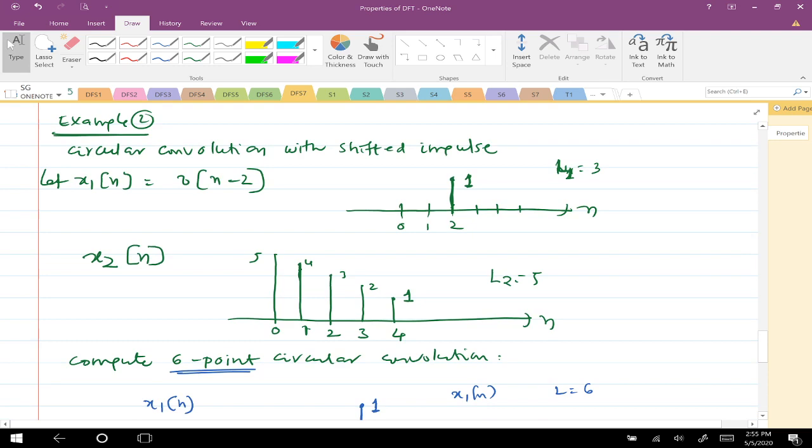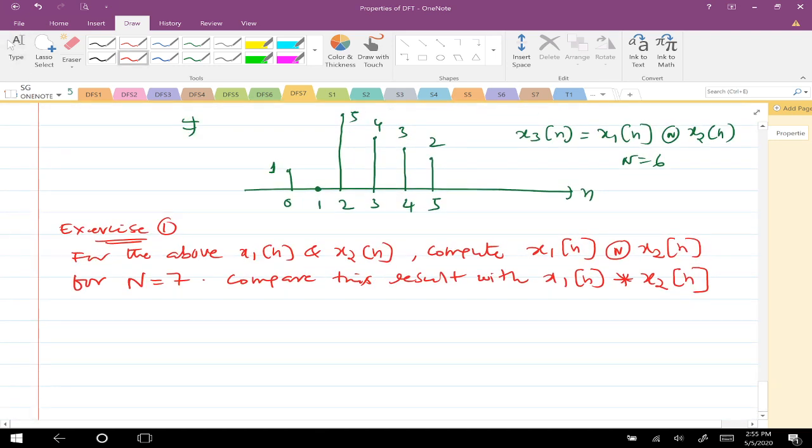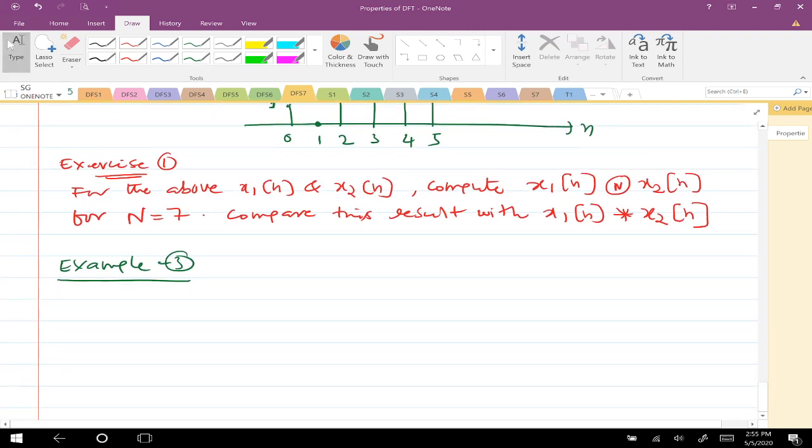Let me solve one more example now. Next, example 3. This would be the last example I would be solving for this one. Now let's assume I have a rect function. For the sake of drawing, let me take 6 here: 0, 1, 2, 3, 4, 5, all with values of 1.